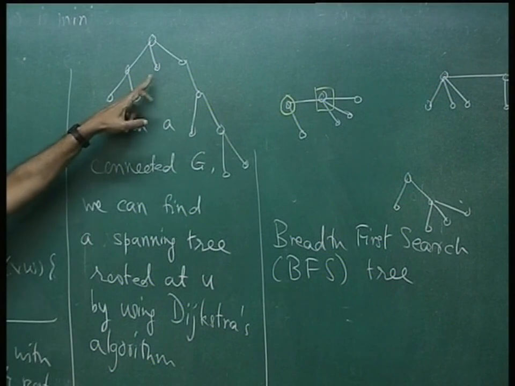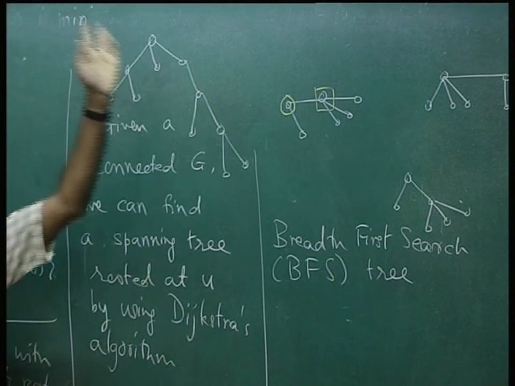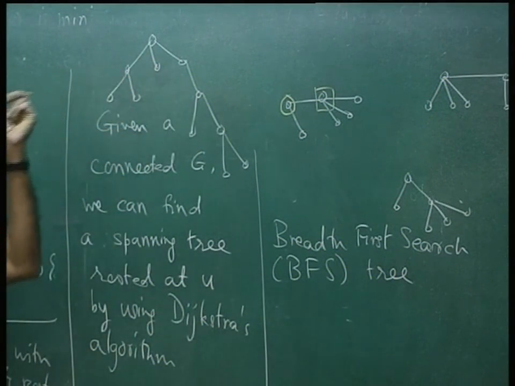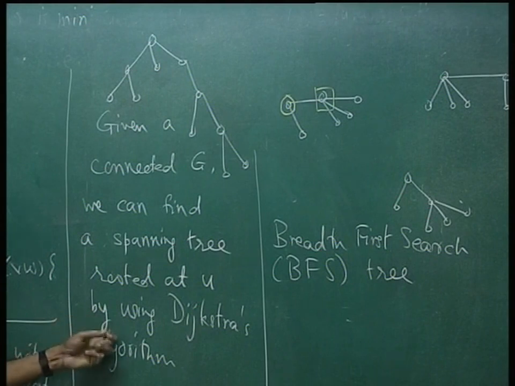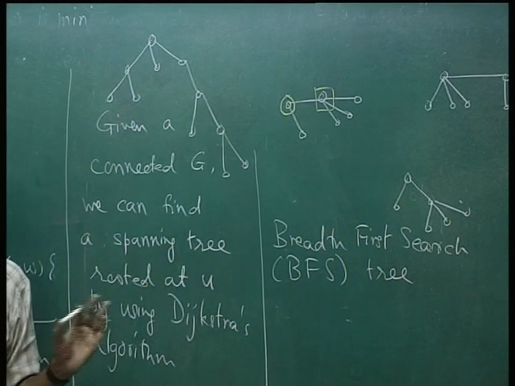Eventually, some of those children's children may become childless themselves, like it happened with the middle son or daughter there. But that's the idea of a breadth first search tree. You can find a breadth first search tree using any vertex as a root, applying Dijkstra algorithm. We'll break here for a few minutes and then we'll describe the breadth first search algorithm.